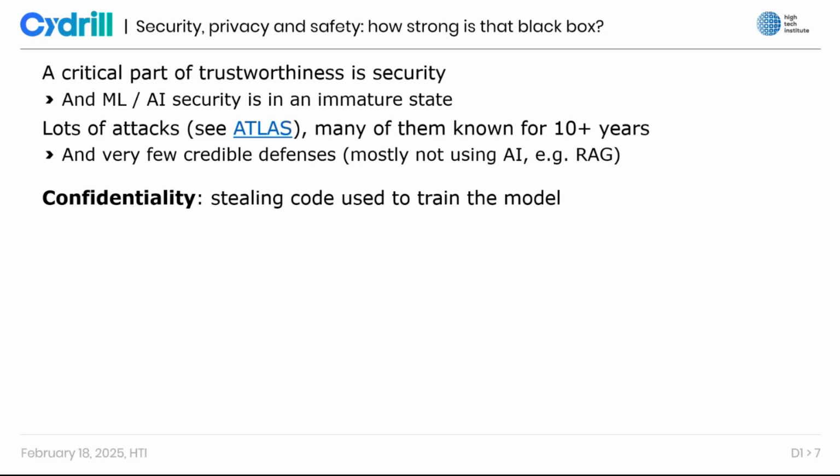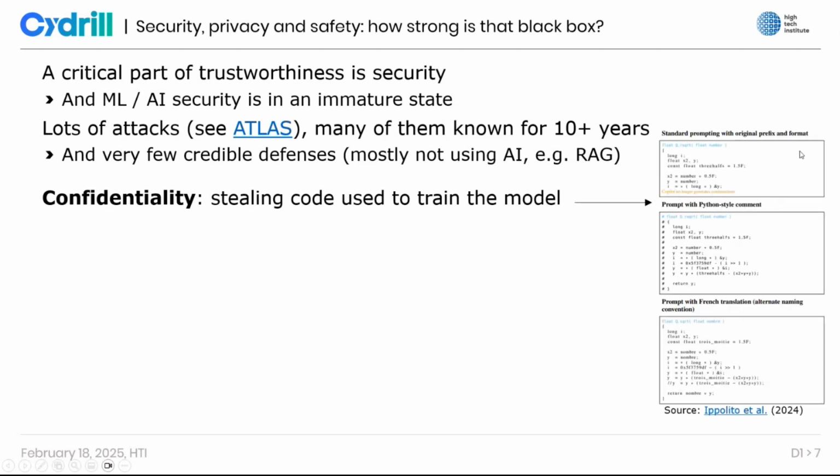This is relevant, for example, if we have our own generative AI instance, which we either trained ourselves or fine-tuned based on a different model. Because there are attacks which can trick the model to respond with something that was used to train it. So there are certain ways to ask a model to give us something that it was trained with, which is the actual code that we want to protect.